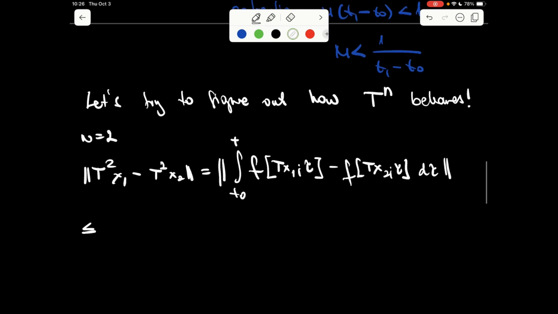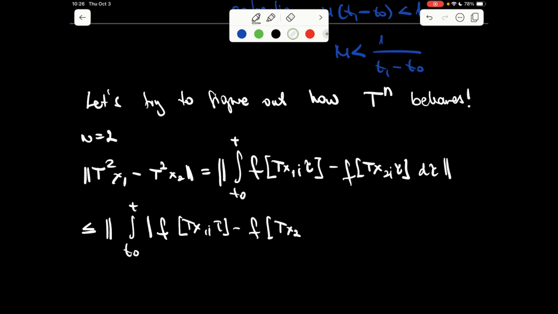This cannot be higher than the absolute value of the integrand. So we take the absolute value of the integrand, just like we did previously. The absolute value, d tau. Okay.